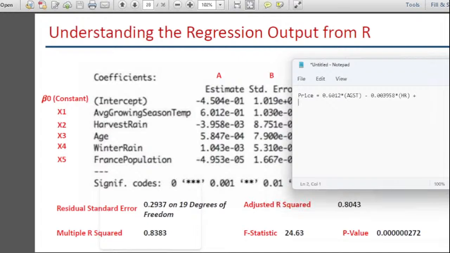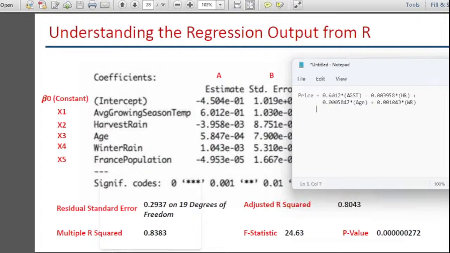Plus age, 0.0005847 into age, plus 0.001043 winter rain.